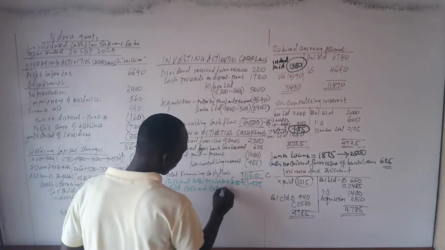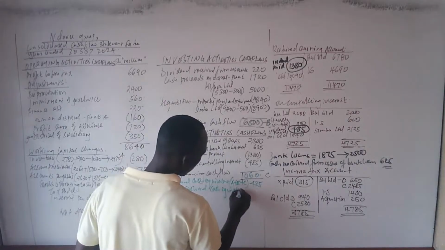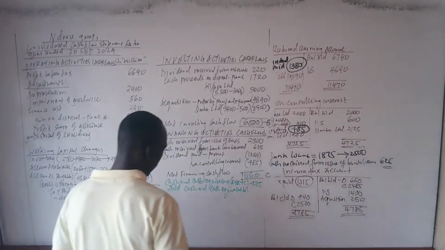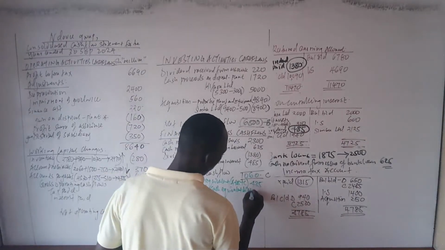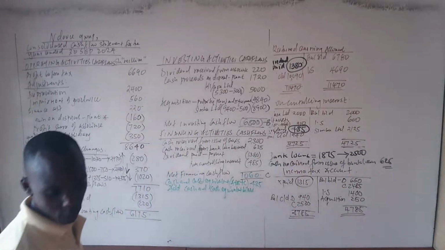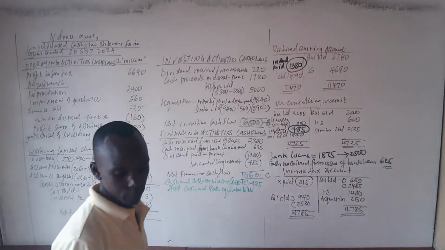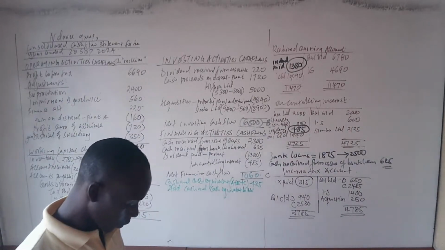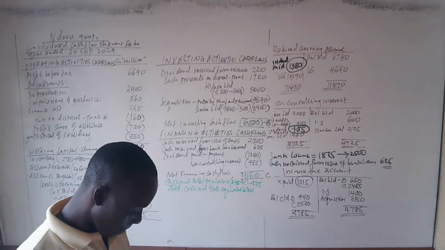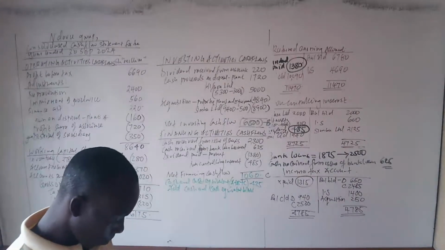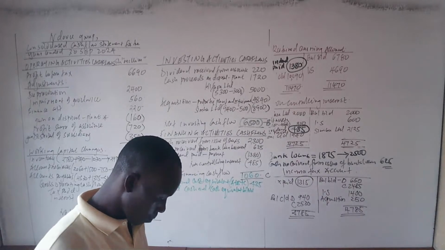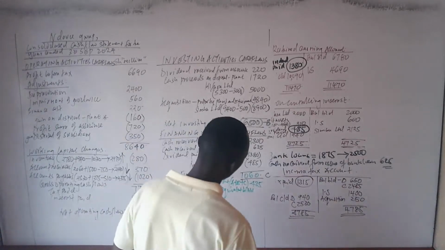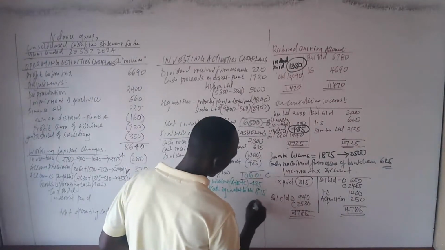Then you add cash and cash equivalent balance brought down, which was 875.